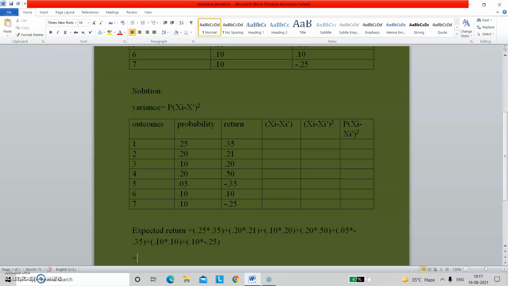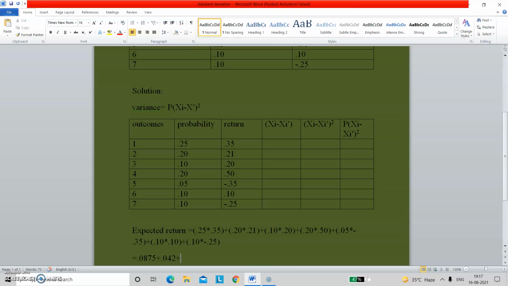So now we are going to calculate this. 0.25 into 0.35 is 0.0875, right? Then 0.20 into 0.21 is 0.042.